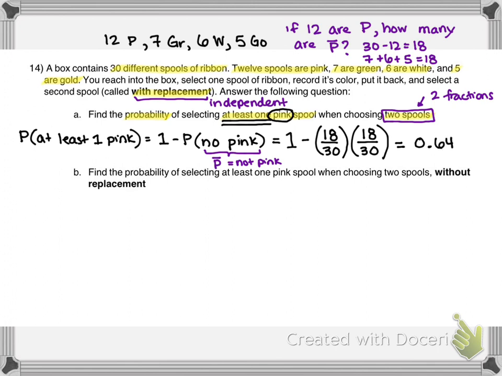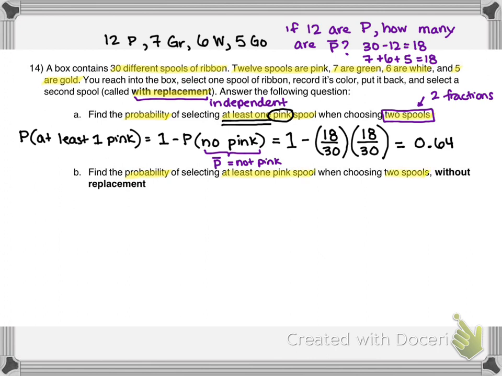So we want to try that again for the second example, okay? So this is at least 1 equals 1 minus none. So we did at least 1 pink is 1 minus no pinks at all. So let's try this again for part B. What is it asking us to do now? Find the probability of selecting at least 1 pink spool.